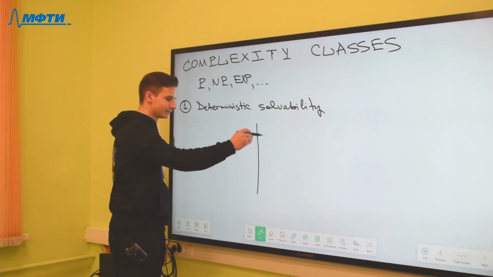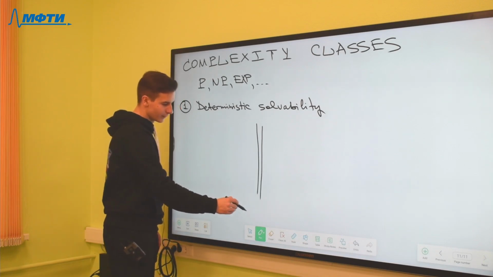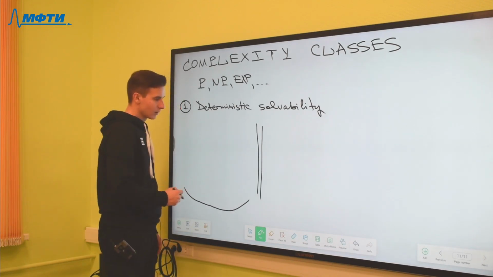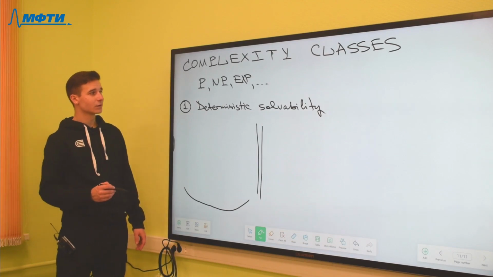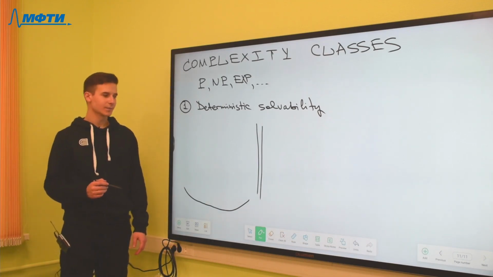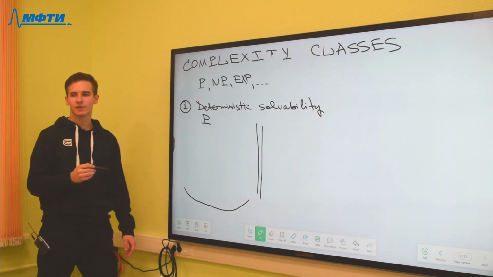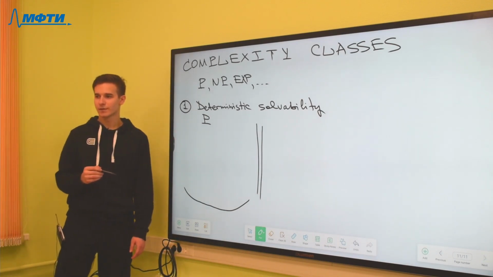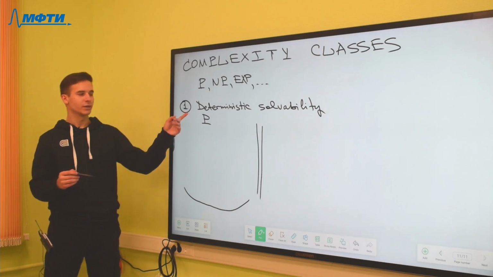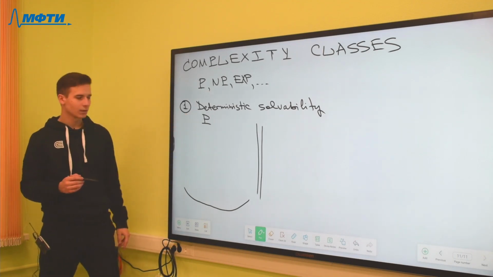So firstly, the first boundary is polynomial time. If we have only polynomial time to solve some problems, we say that this task is solved in the P class.